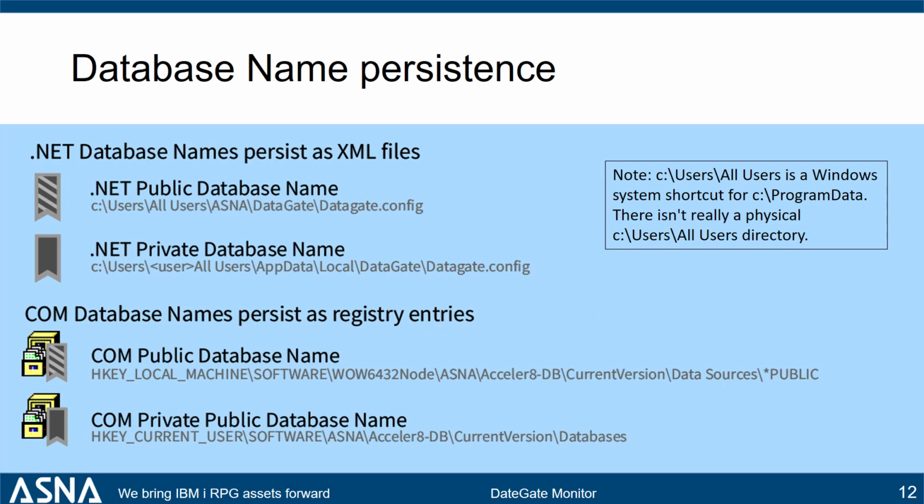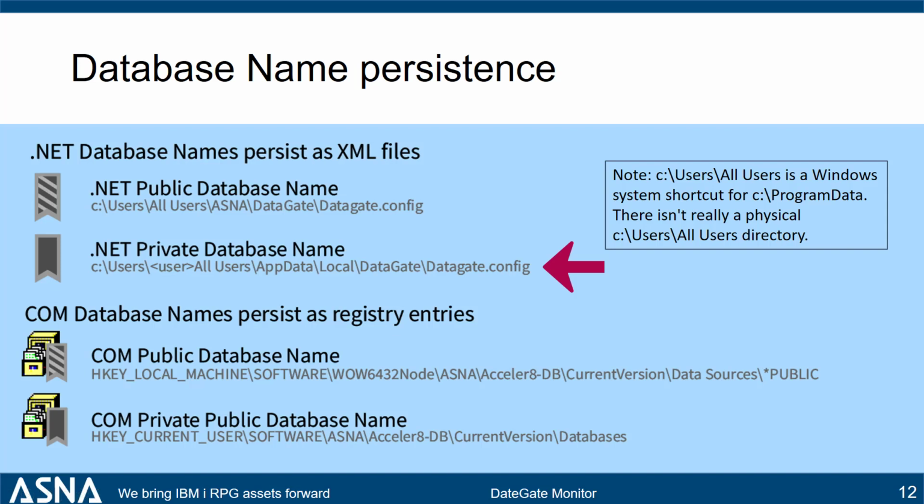Now, when we work with database names in the DataGate Monitor, which we'll take a look at here in a second, it uses these different icons to identify database names. It uses the chevron with the stripes to indicate a .NET public database name. It uses the chevron without the stripes, a solid chevron, to indicate a .NET private database name.